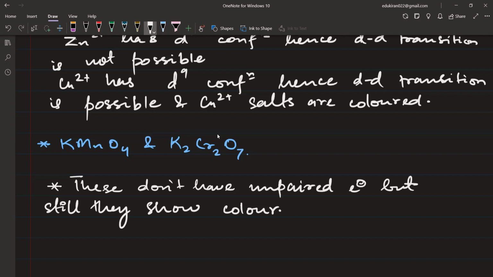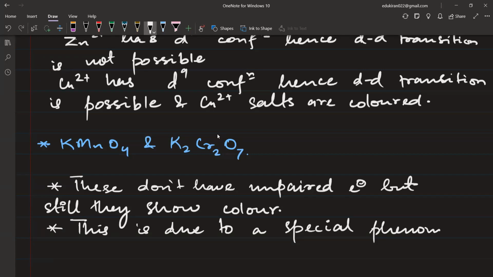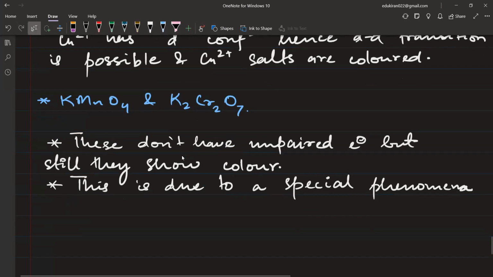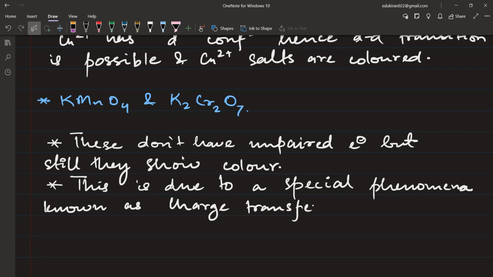That is due to a special phenomenon known as charge transfer spectrum, also known as CTS. ठीक है, इसमें क्या होता है?